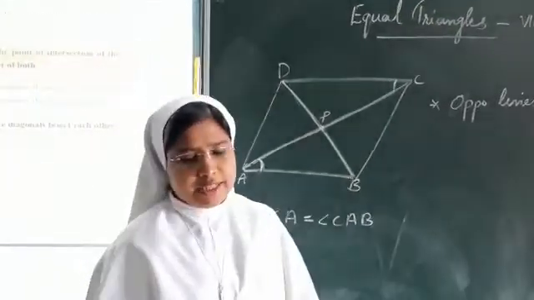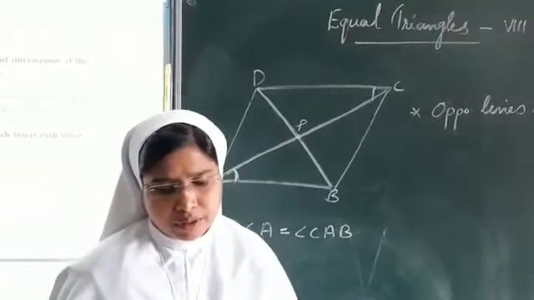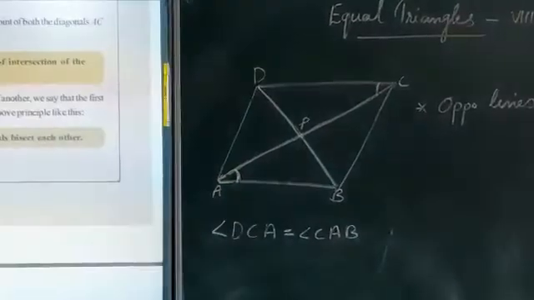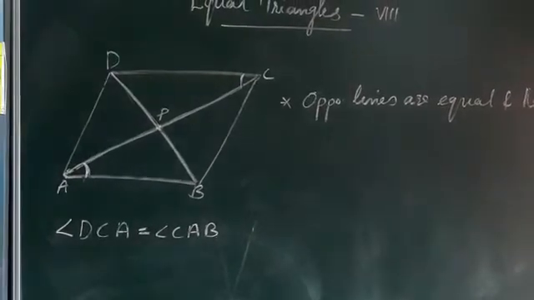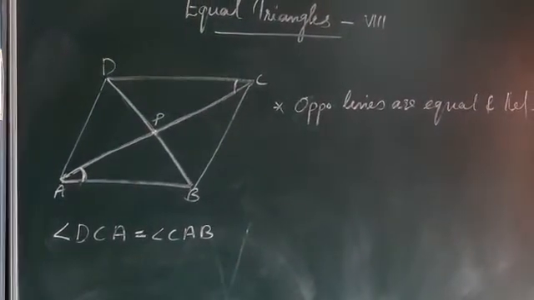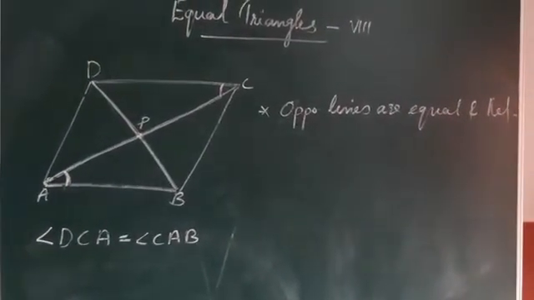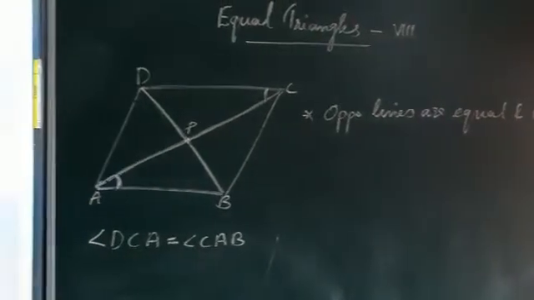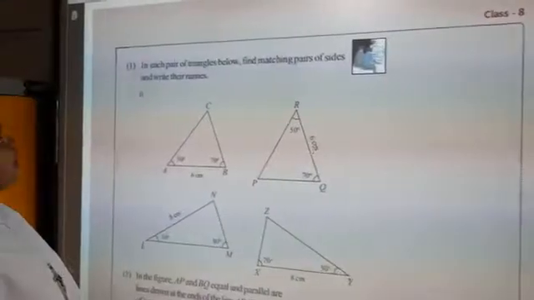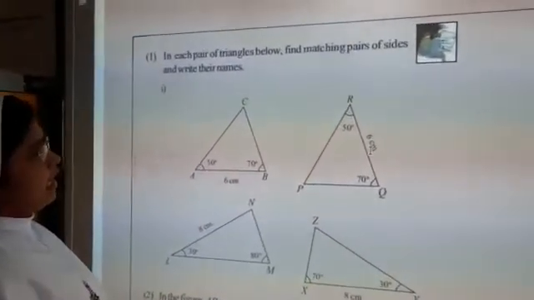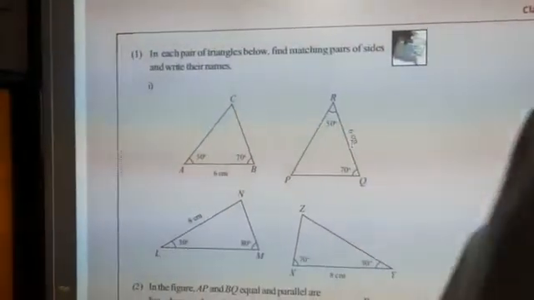Then next we can see from the textbook. There is a problem. Here, in each pair of triangles below, find matching pairs of sides and write their names. So you look at the figure.